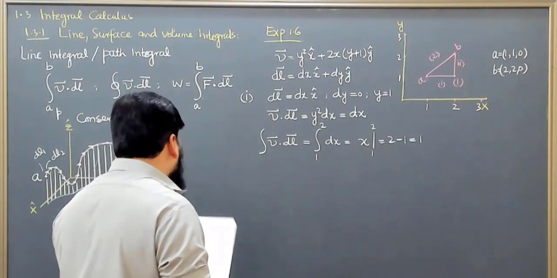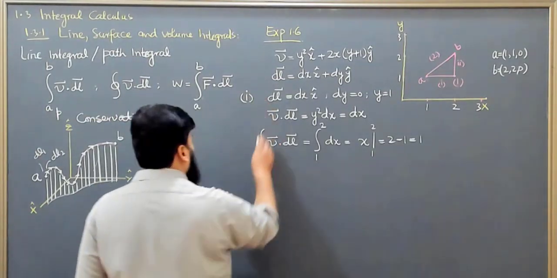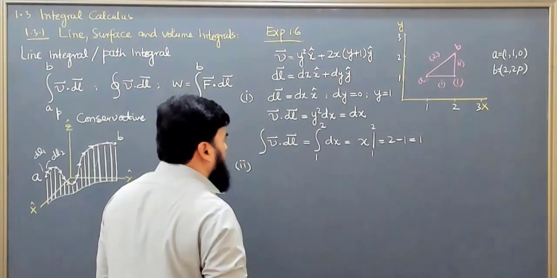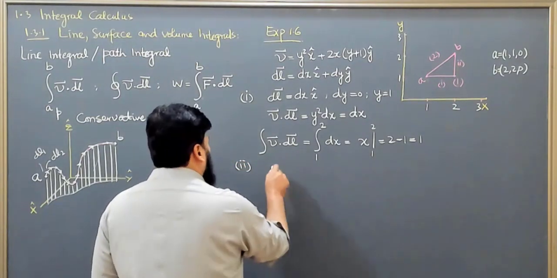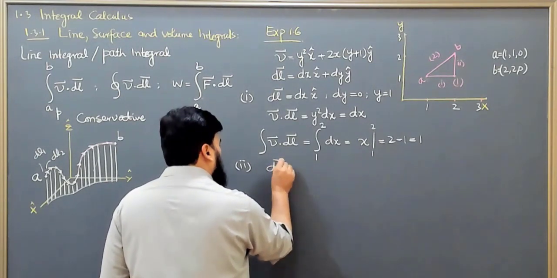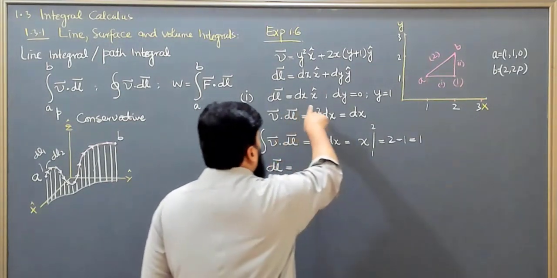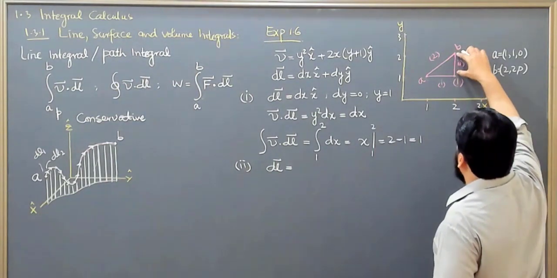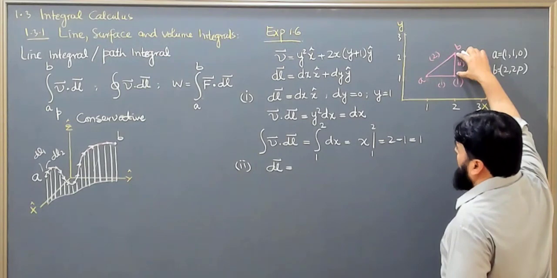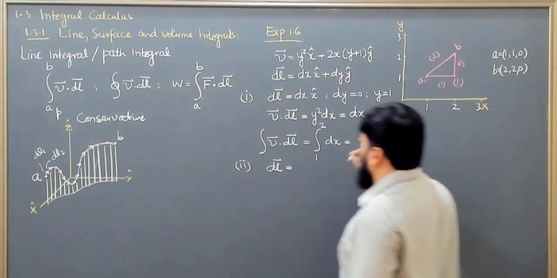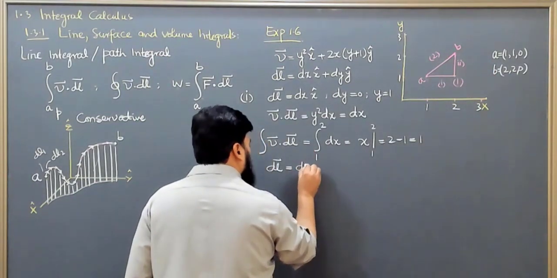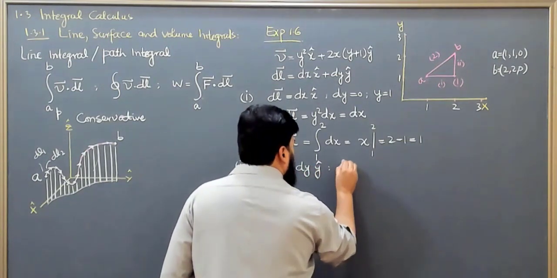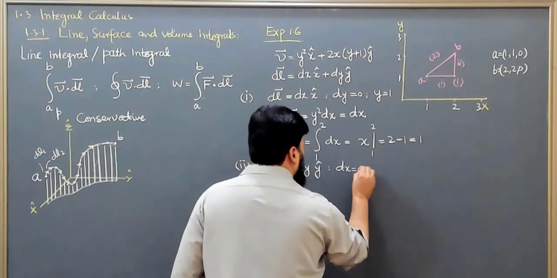Similarly, we calculate along the second part of path 1. In this one, the dl value, when we are moving from here to here, only y is changing, so it is only dy in the y direction, while dx is equal to 0.